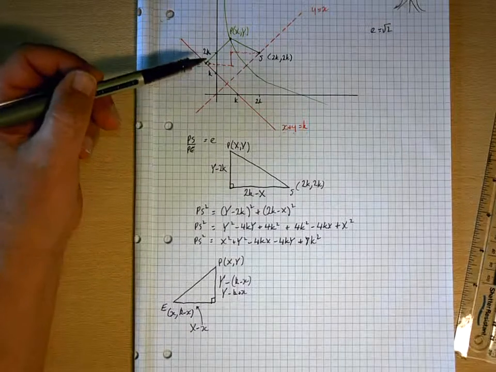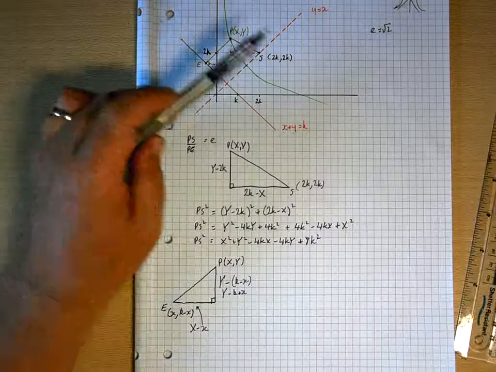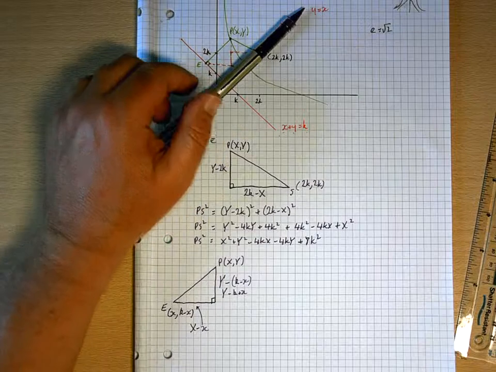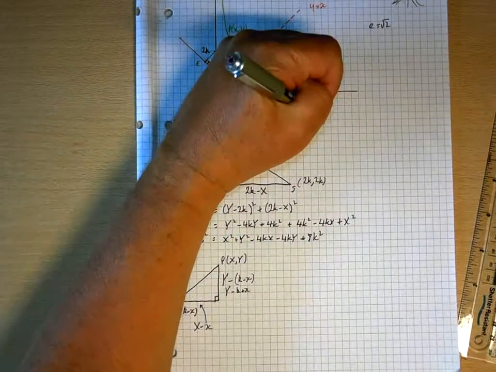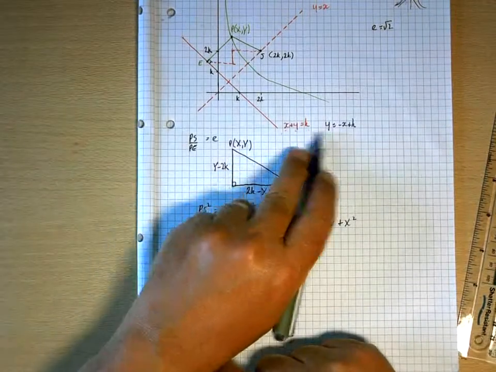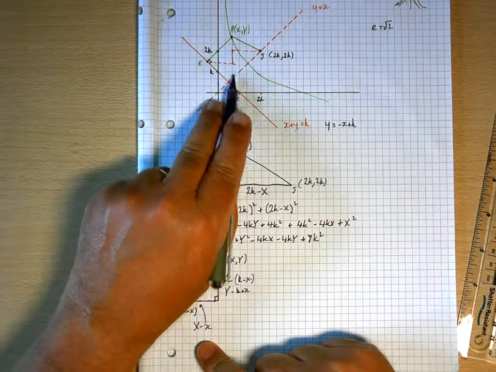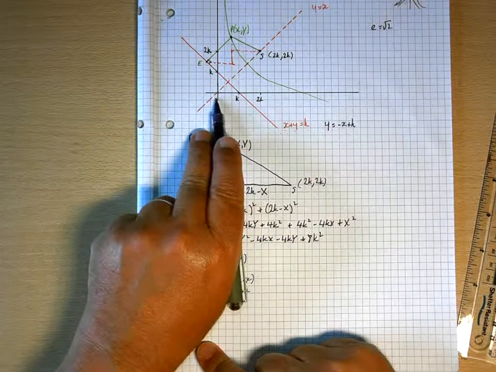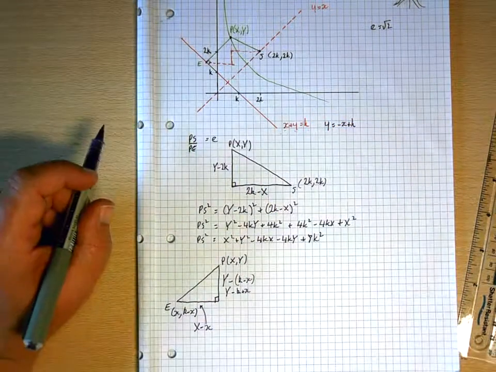Fortunately, if we go back and look at the sketch, you should be able to see that the gradient of y equals x is 1, and if I rearrange this to give me y equals minus x plus k, I can see that the gradient of this is negative 1, which means that these two lines are perpendicular to each other. That's the line y equals x, and this is the line y equals minus x, but it's been shifted along the axis.